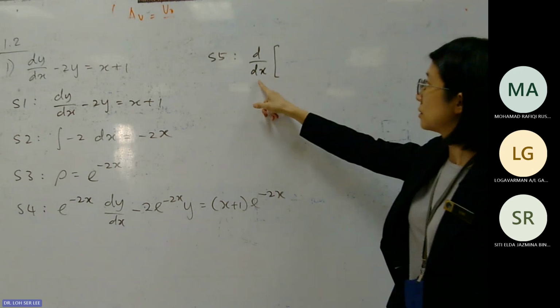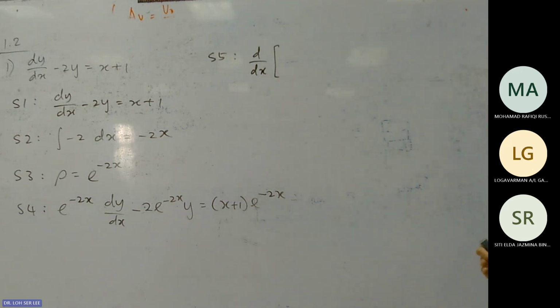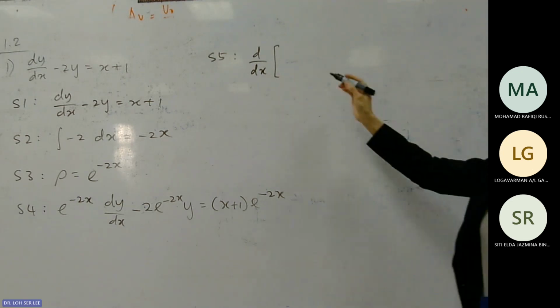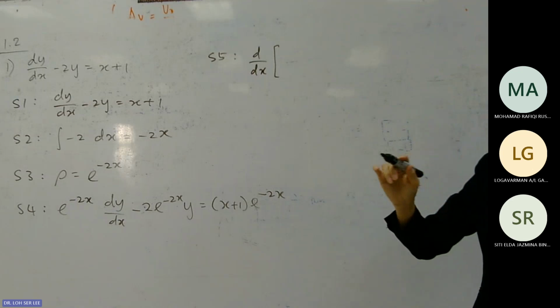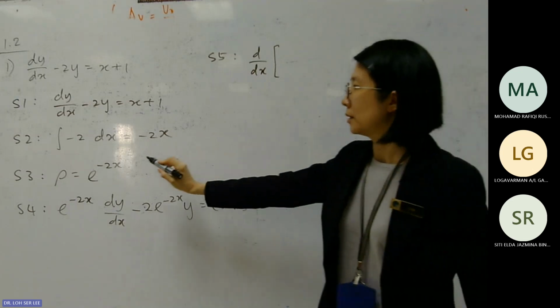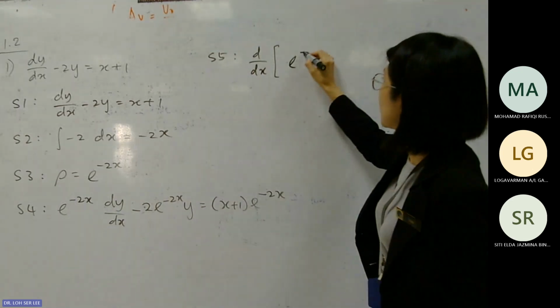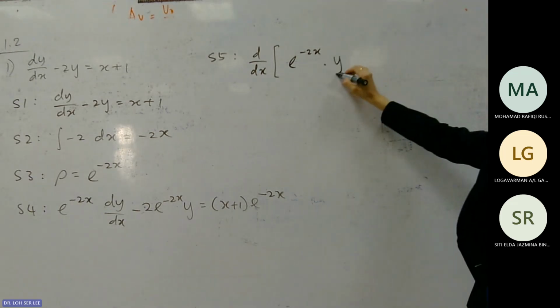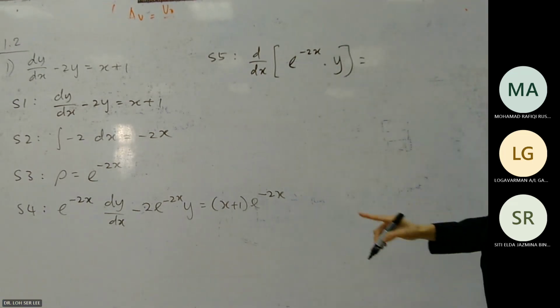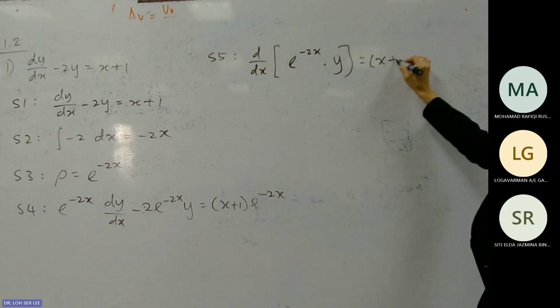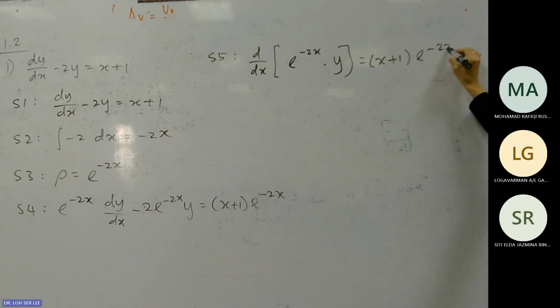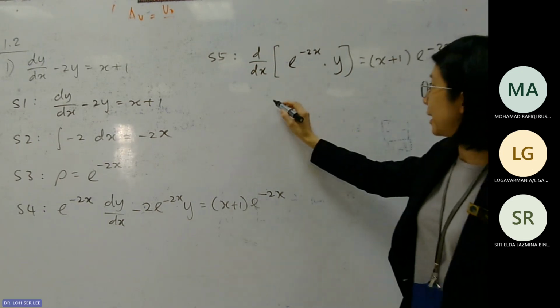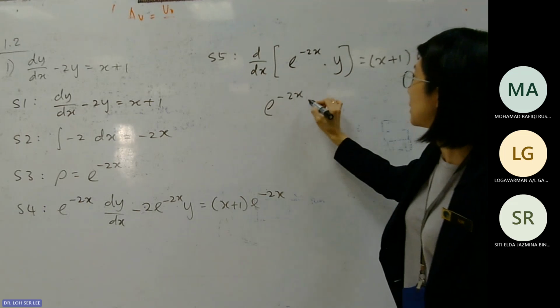Step 5. Inside the bracket, you should have the integrating factor e^(-2x) times y, equals the right-hand side function. And move the dx to the right.